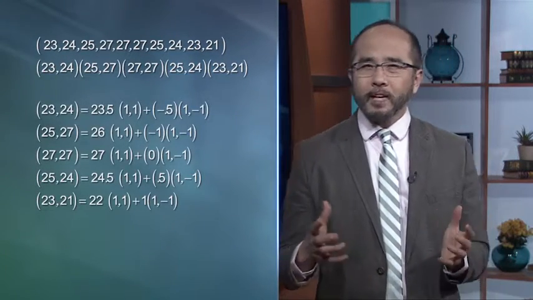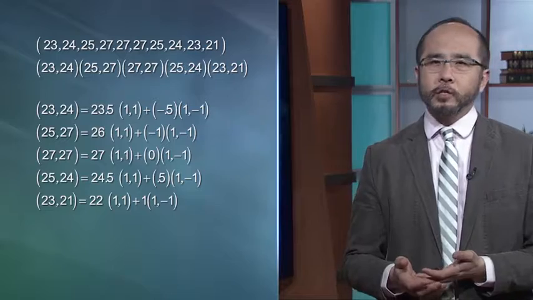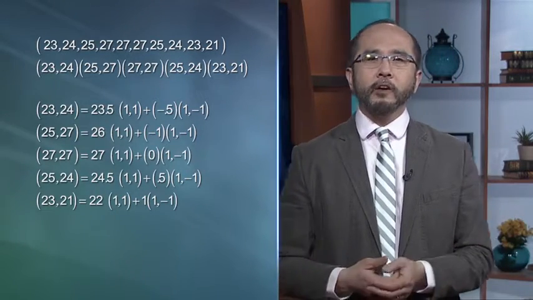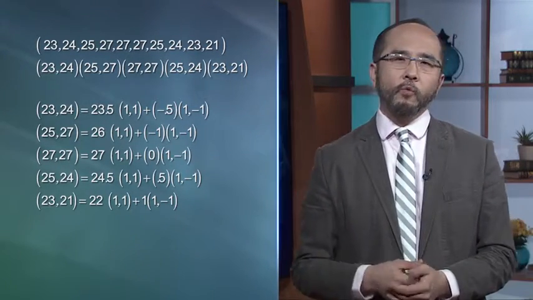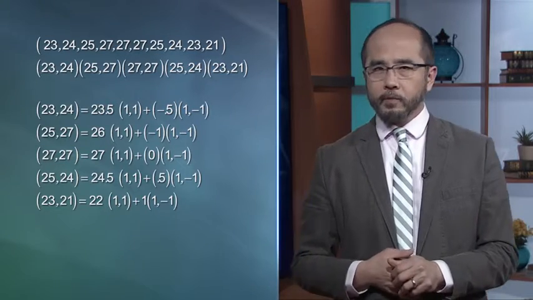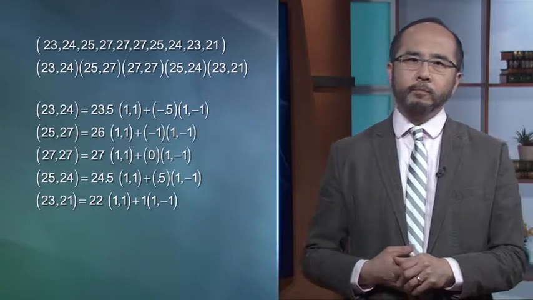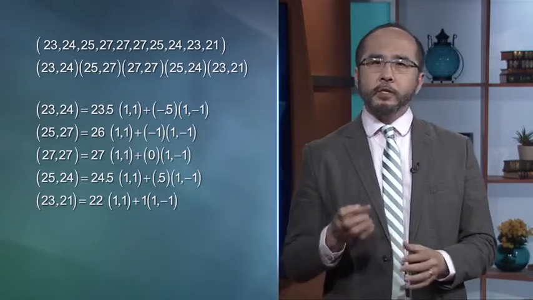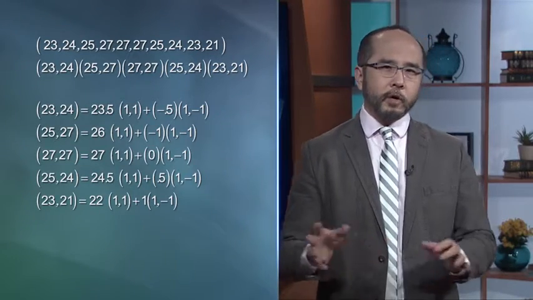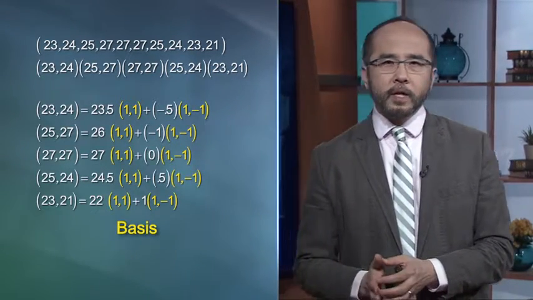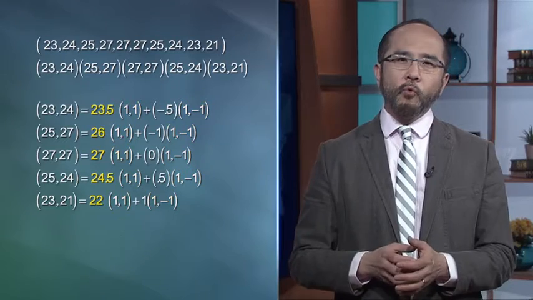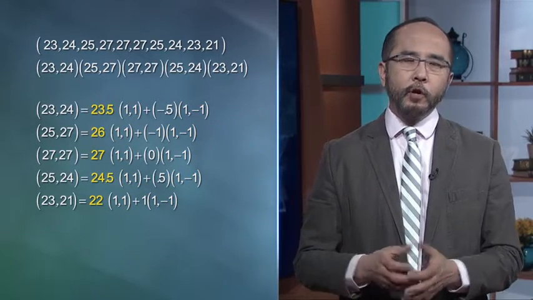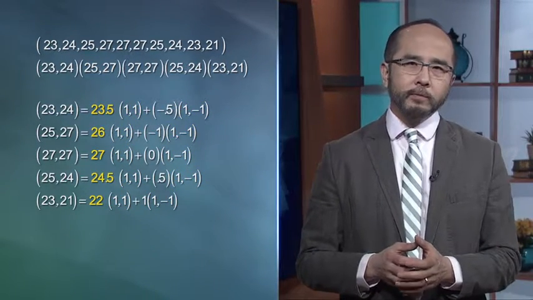A very crude data compression scheme could just choose to represent each pair as a linear combination of two vectors, (1, 1) and (1, -1). Then, do you see that in this new set of vectors, which we will call a basis, all these pairs of points have one large coefficient, the coefficient of (1, 1).